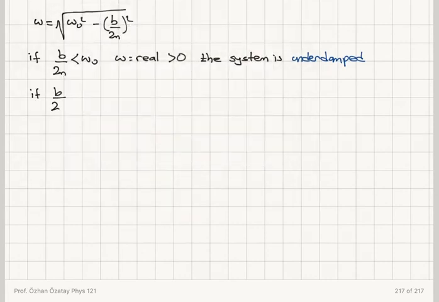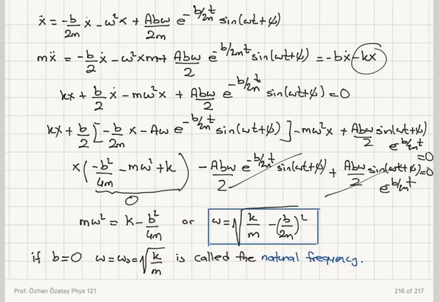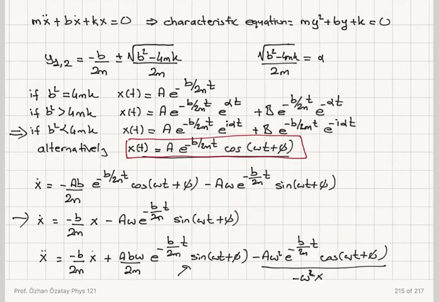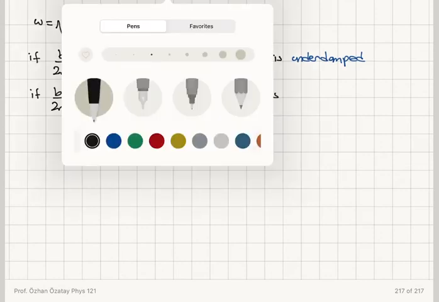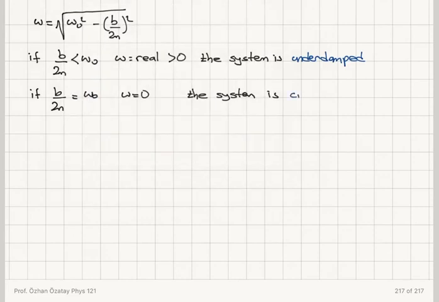If we have b over 2m equal to omega 0, then the omega that you obtain here is 0. So if you go back to my solutions, that's this case, b squared is equal to 4mk, and your solution is just an exponential decay. It's called critically damped. The system is critically damped.